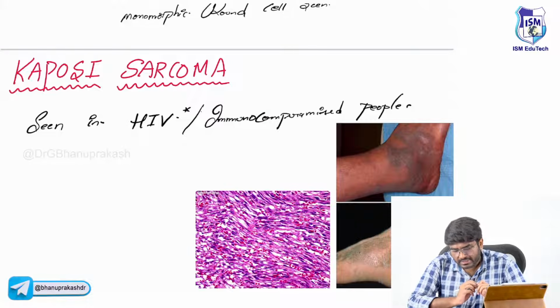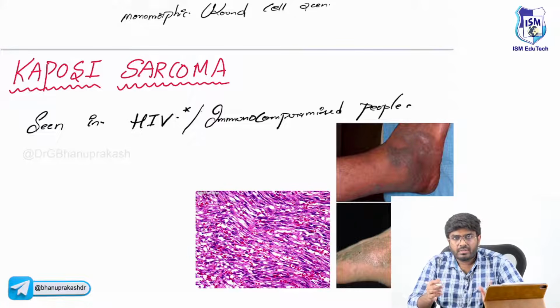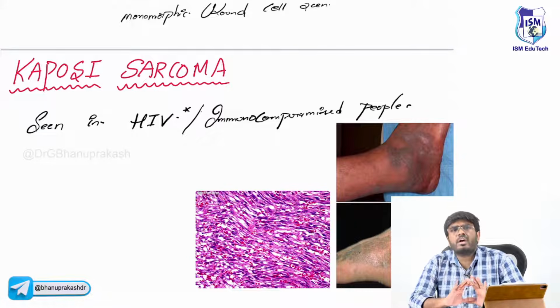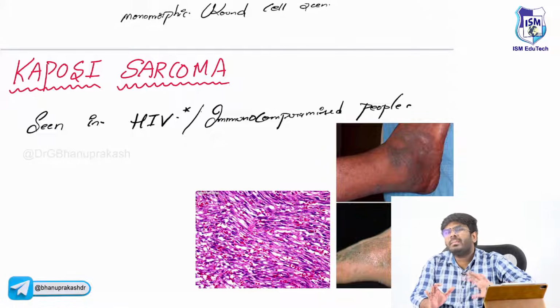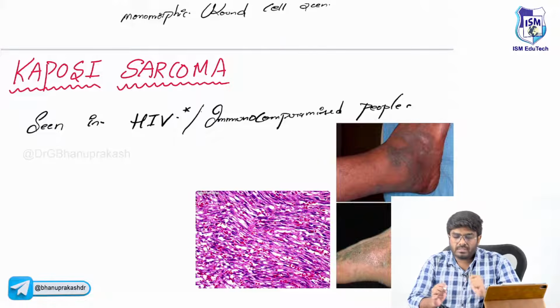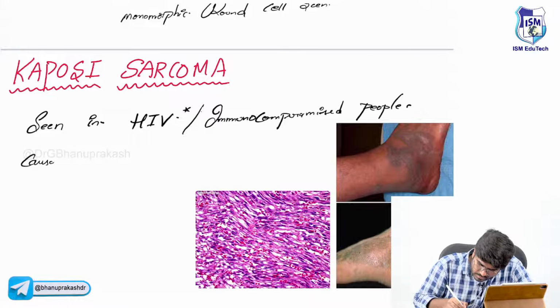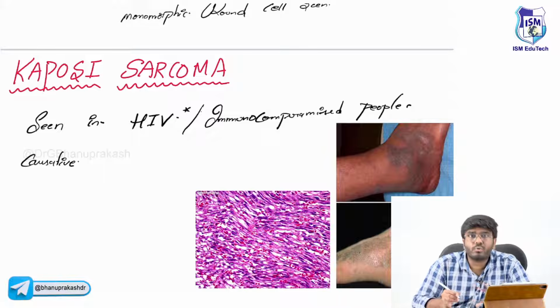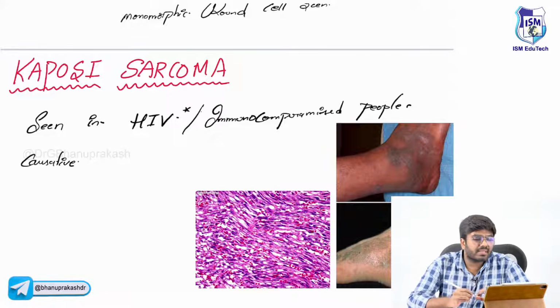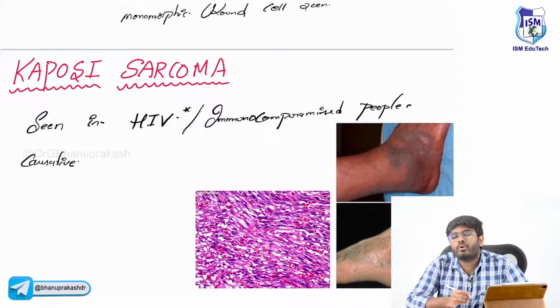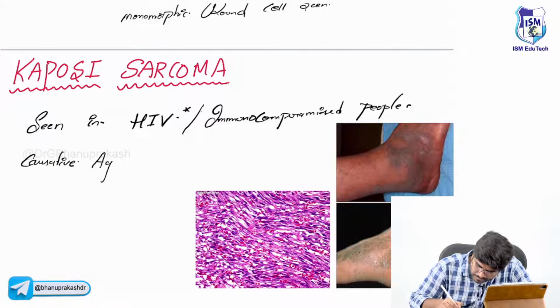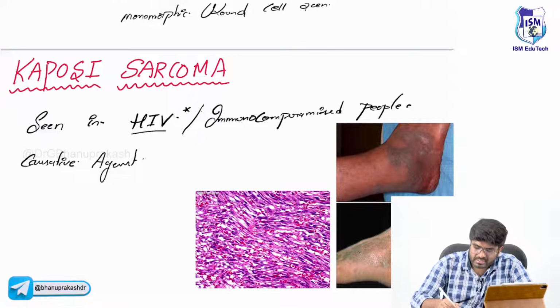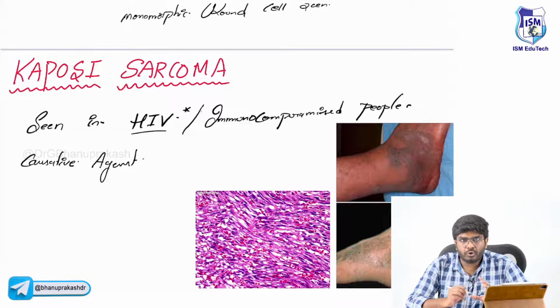Now my question to you is, sir, what is the causative agent? Sir, it's a cancer, almost an intermediate tumor. But what is the causative agent? It is associated with a virus. Do you think the HIV virus is causing this tumor of the blood vessels? Kaposi's sarcoma?